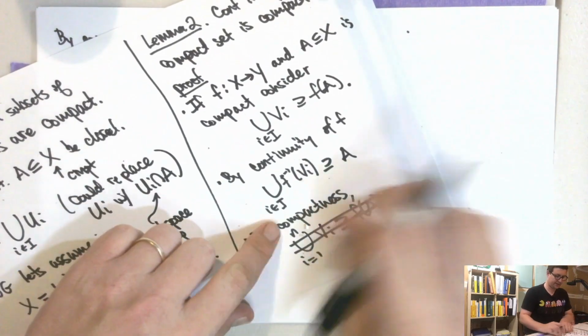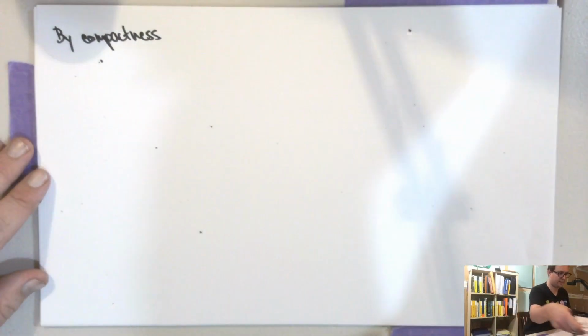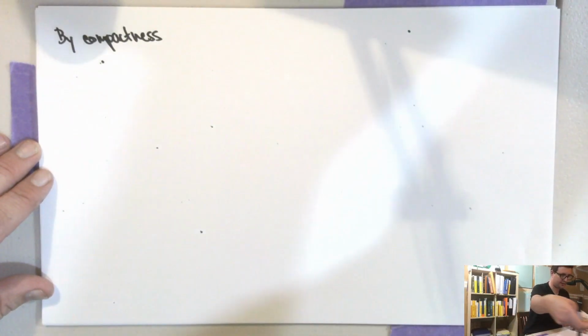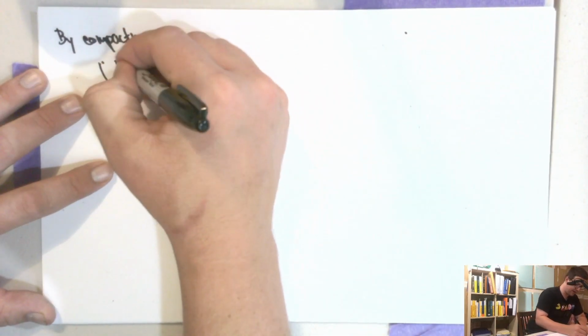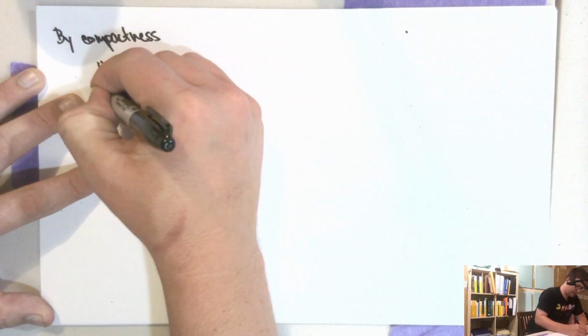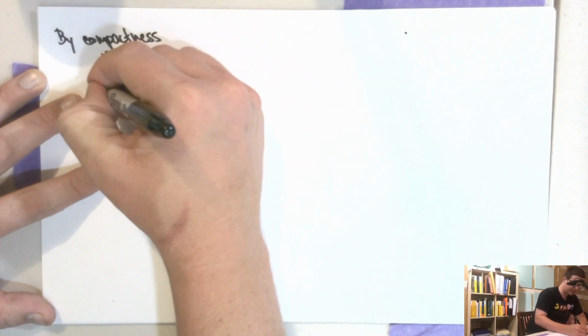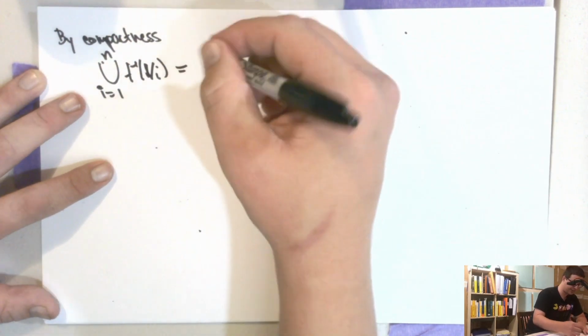This is why I like the dockhand, because I can just do this. Okay, we have this union here, right? It can be replaced by another union. So by compactness, it can be replaced by a finite union of V_i, from i equals 1 up to n. So I'm replacing that arbitrary index set by one indexed by n, and I'm pretending like I was in both of them.